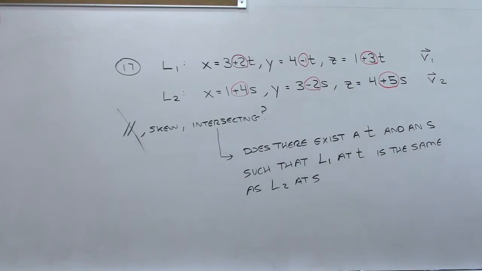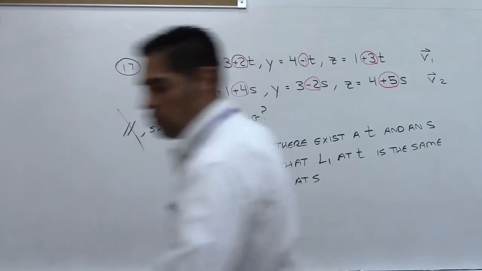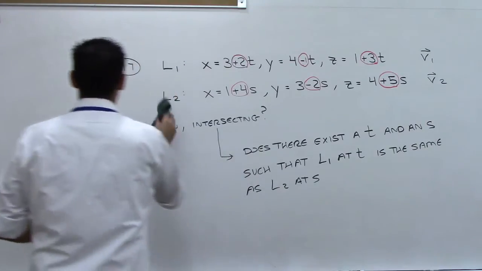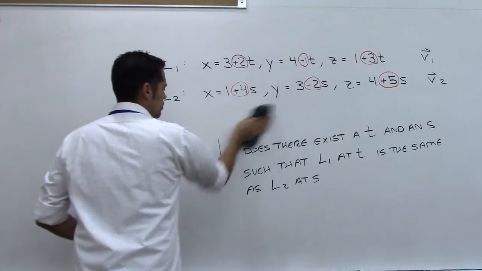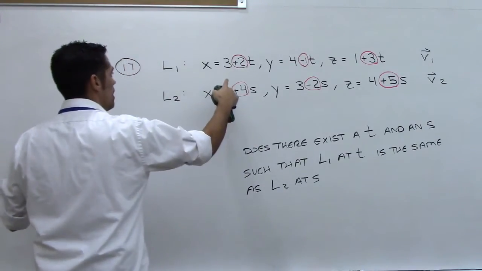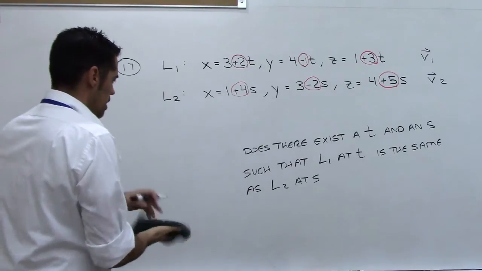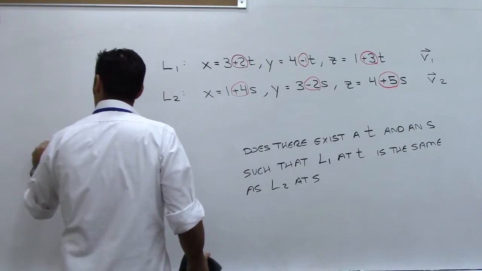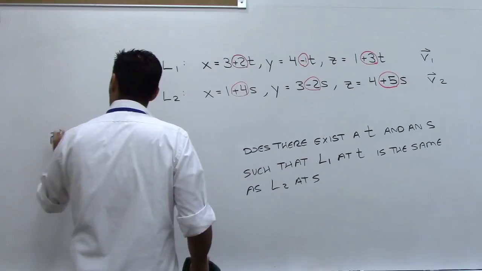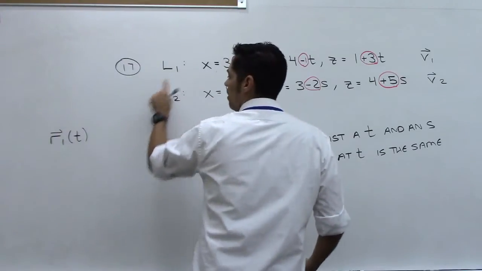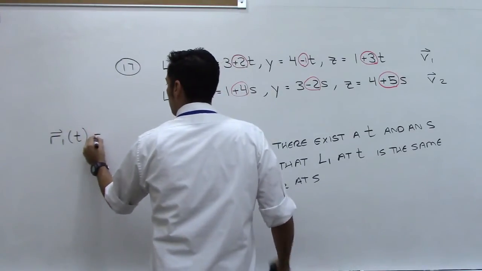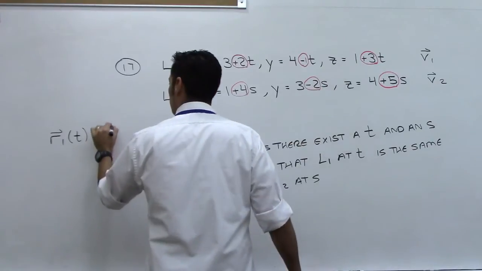Now, I think I'm going to write this a different way, okay? So what I'm going to do is I'm going to rewrite L1 in a vector form, a vector function. So I'm going to call R1 of t, which is L1, so this is R1, is going to be this written in its vector form.